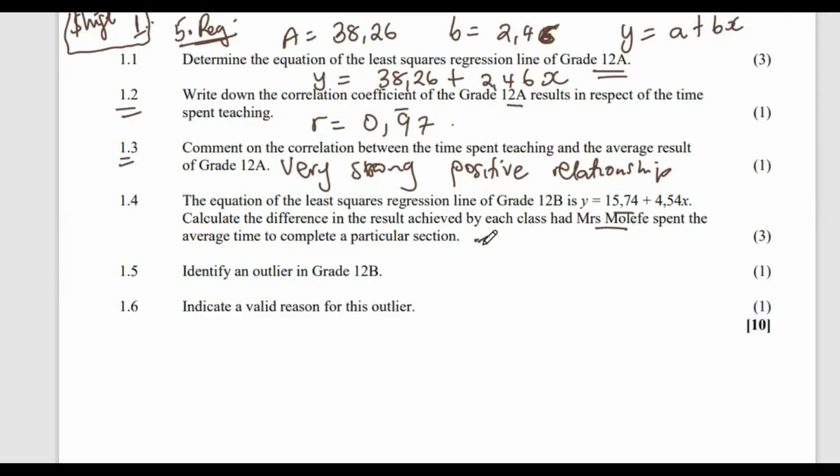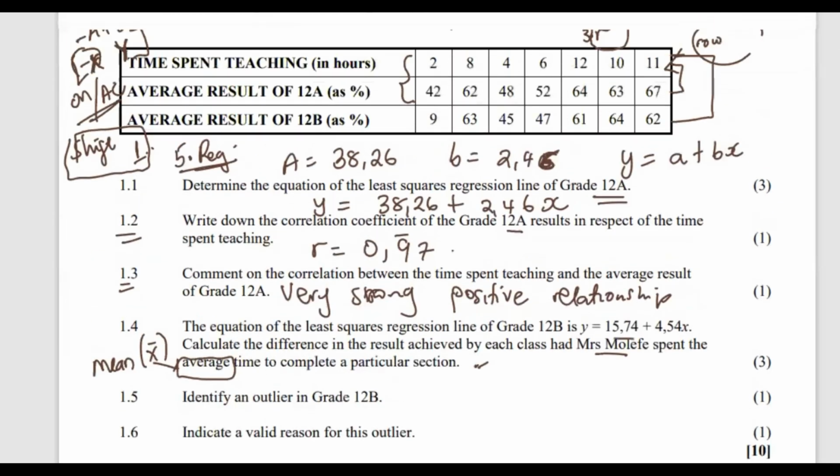So the key statement here, because we need the value for the time, but they are telling us the average time. So we know that average is the same as the mean, and sometimes we denote it as x bar. So if we go back to the table that we were given, we have 2, 8, 4, 6, 12, and so on.